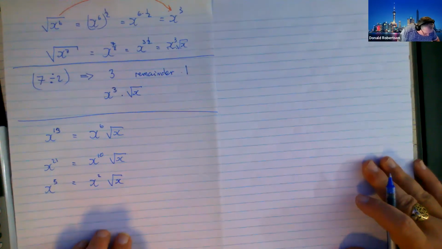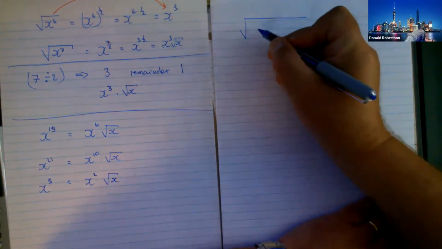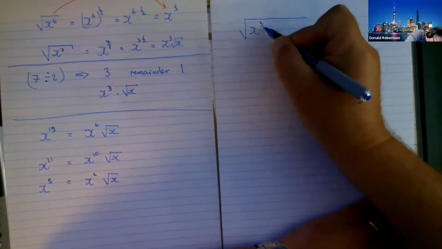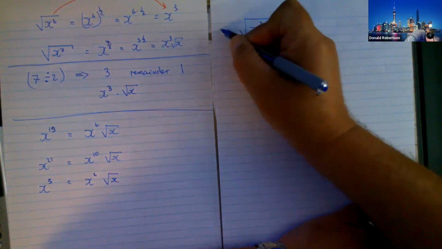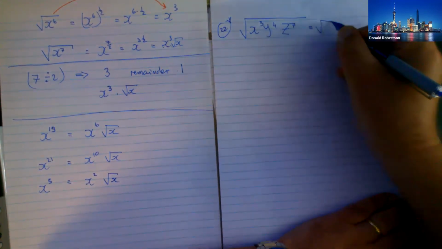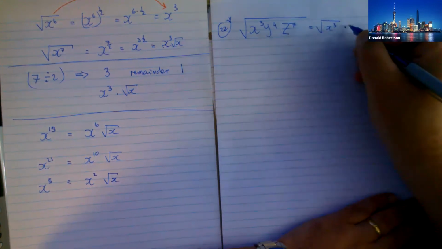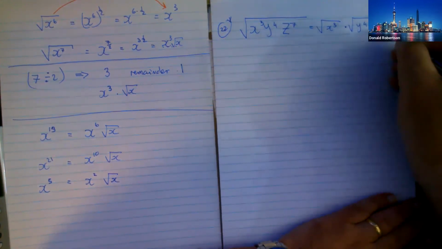So let's put a number of variables together inside the square root. And we have an x cubed, a y to the 4, and a z to the 7. This is similar to question 22. Now it's going to split then as an x cubed times a y to the 4 times a z to the 7.